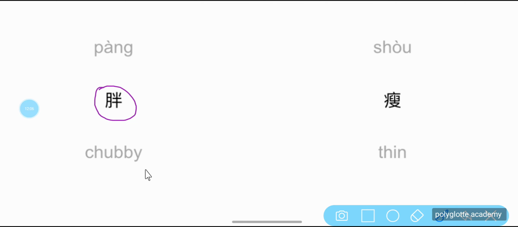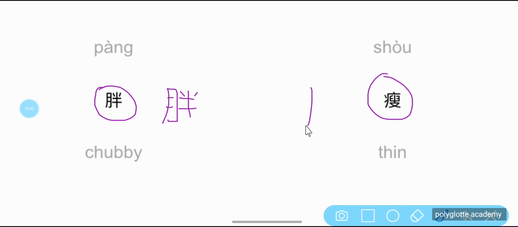Now the next character we'll see here will be 胖 and we have 瘦. 胖 瘦. So we have 胖, we can write the character 胖, which is chubby, that's fat, chubby.